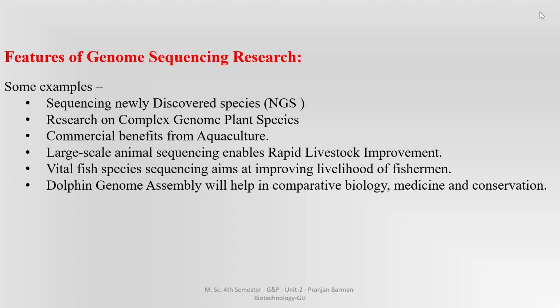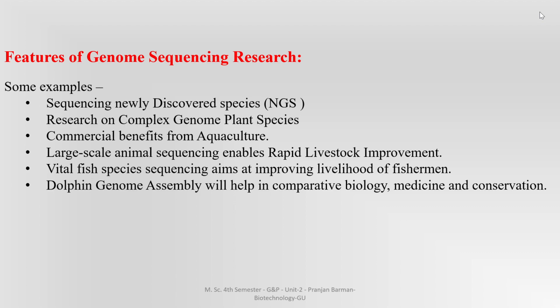Sequencing newly discovered species is one of the aspects of genome sequencing research. Suppose you have discovered one species and you are not confirmed, and taxonomy people cannot tell you if this is a new organism or a new variety of the same species. So how can you determine it? Sequence comparison of two organisms can be the solution.